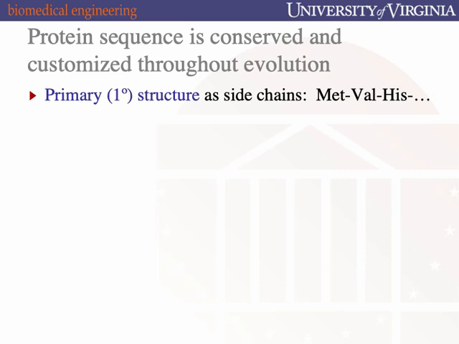And all this is the linear list of amino acids from the N-terminus to the C-terminus. I'm giving you an example here. These are the first 3 amino acids in the primary sequence or primary structure of hemoglobin. And by the time we have the quiz on Thursday, you all know that these 3 three-letter abbreviations stand for methionine, valine, and histidine.